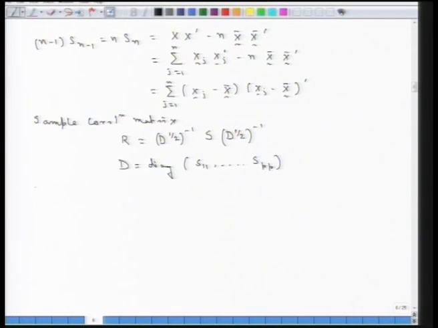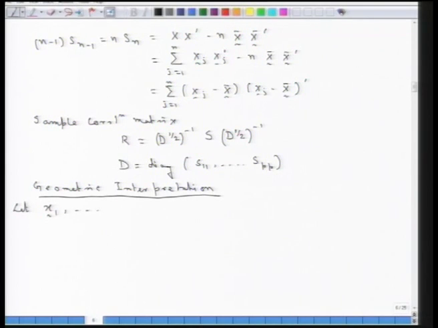Now let us look at a bit of geometric interpretation for this random sampling. When we talk about this geometric interpretation, we will look at two simple interpretations. Suppose we look at these as observation vectors.